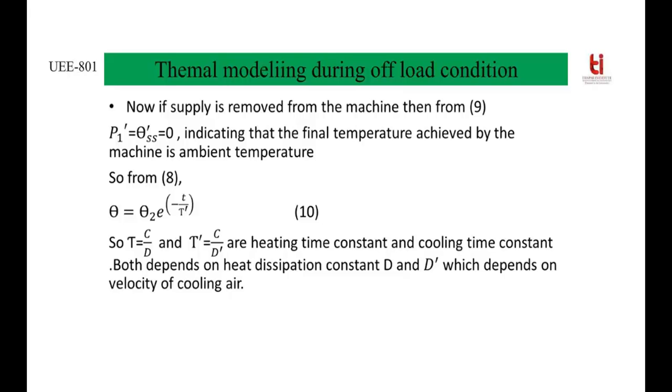Suppose we are using a cooling system or forced air cooling system, then the heat will be dissipated from the machine quickly. So both tau and tau dash will be reduced. That means the machine will quickly achieve steady state temperature during onload condition as well as during offload condition.